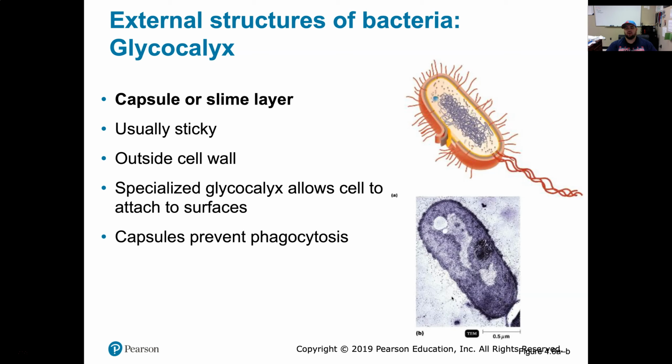Capsules help prevent a process called phagocytosis. Our white blood cells scan any cell they come in contact with and look for these special tags. Every cell in our body has a tag on it. It's just like at the grocery store when you go to Walmart and use self-pay. You scan it across the machine, and it beeps, and you see the name of what it is.